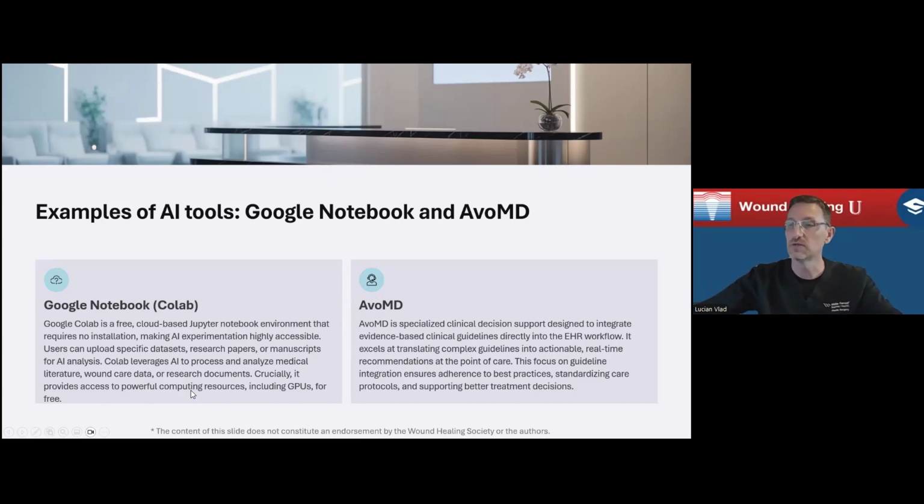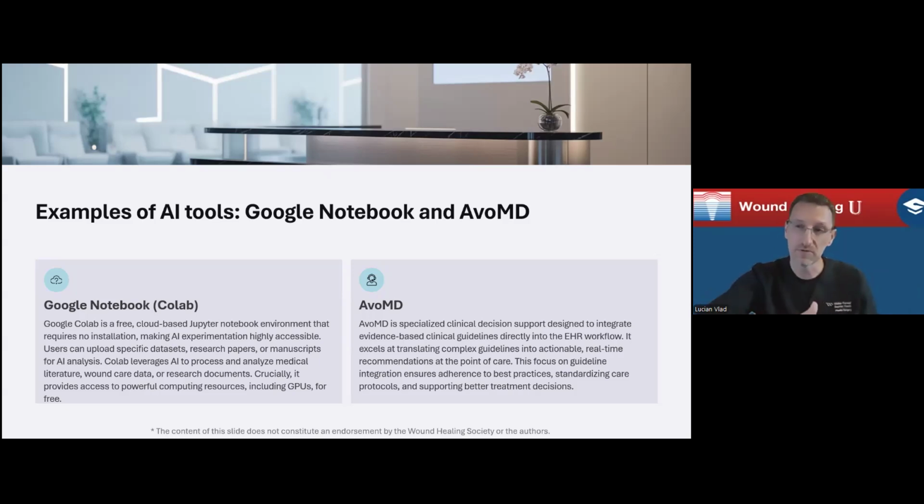And Google Notebook is a collaborative, free, accessible resource. You can put information in there. You can control where the system gets its information. So I use this, for example, right now in collaboration with the Wound Care Collaborative Community. We have a project where we're trying to figure out some standards of care.